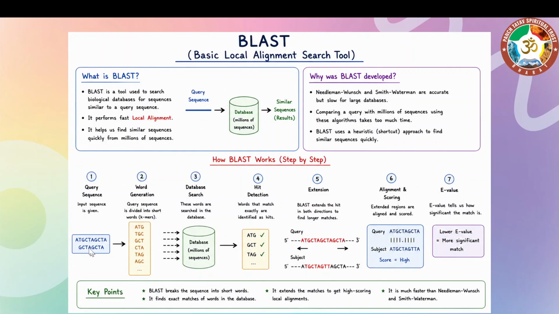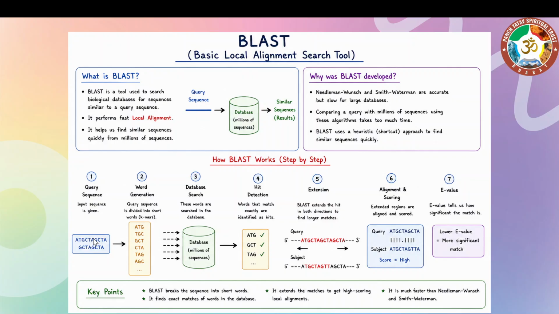So I cannot compare my sequence manually with every sequence available in the NCBI. As we know, NCBI contains millions of sequences, so we cannot manually compare our sequence with all of them. Correct? We cannot do this task manually.